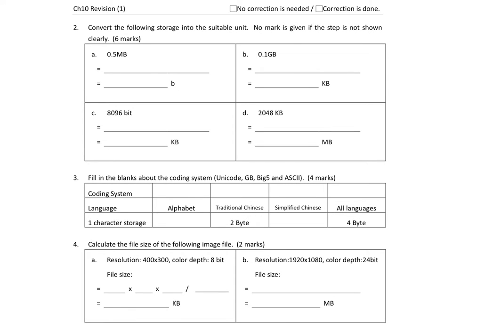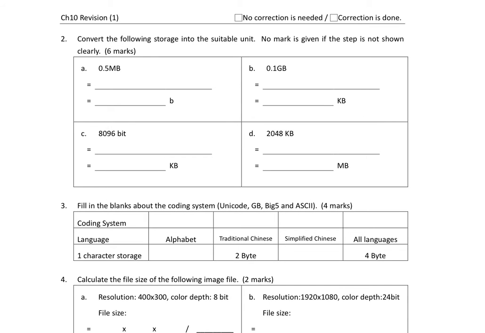For question 2, try to apply the conversion from the previous page. Let's say part A, convert megabytes to bits. Remember we multiply by 1024 two times, because it is mega.